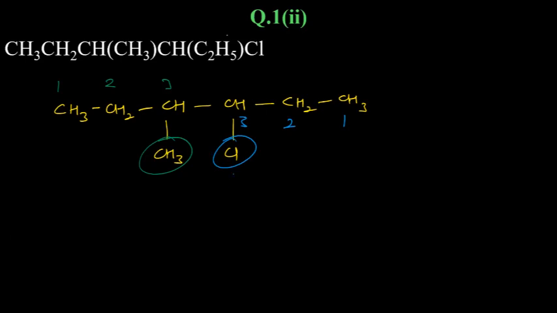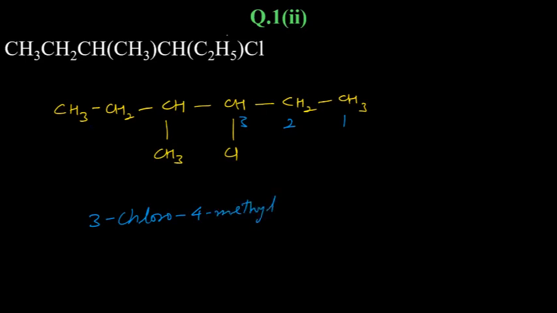But again, chloro comes before methyl in the dictionary. So that's why we will consider from the right. And the name will be 3-chloro, 4-methyl. How many carbons? 1, 2, 3, 4, 5, 6 carbons. Hexane.